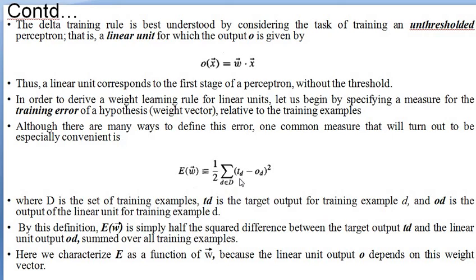Let us see what this t_d is. t_d is nothing but the target output from the training example. This D is nothing but the set of training examples, and t_d is the target of that training example, minus o_d, the output that we got just now.